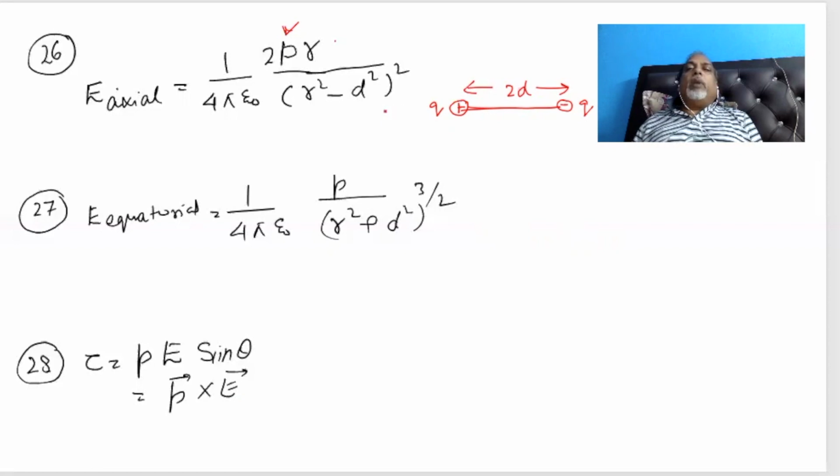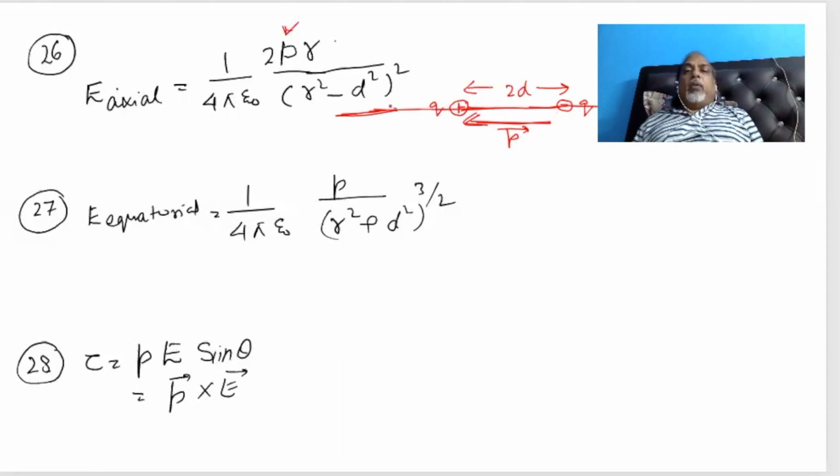Now, if you want to find out the electric field axially, this is the axis of the dipole. This is the dipole vector. Its direction is like this, minus to plus.